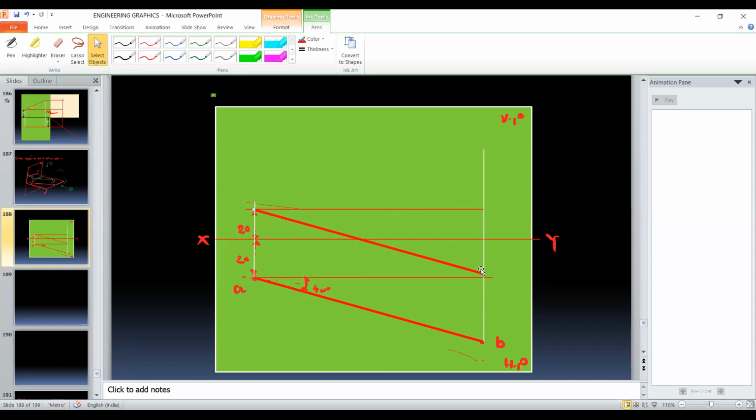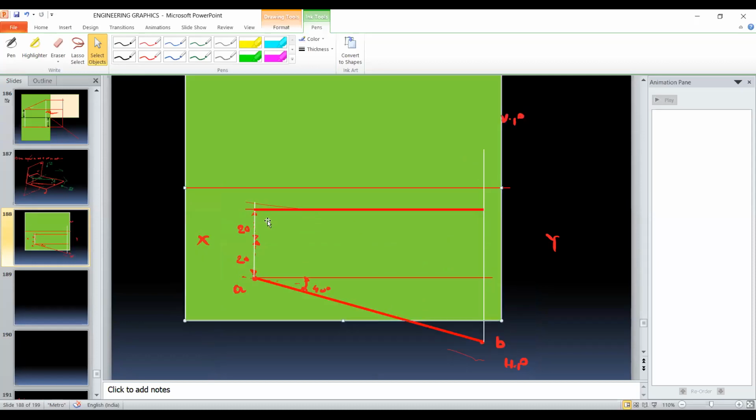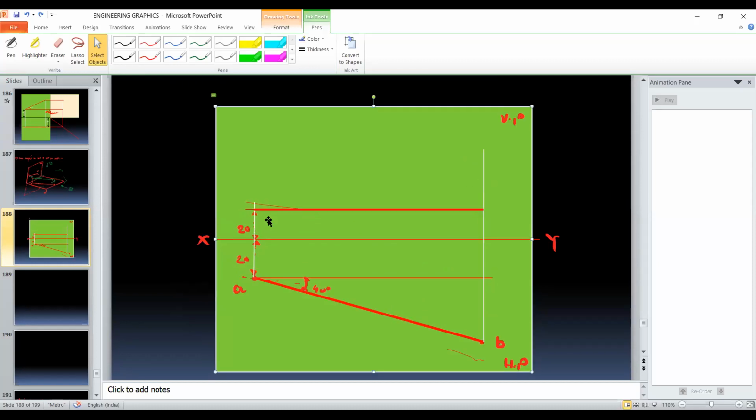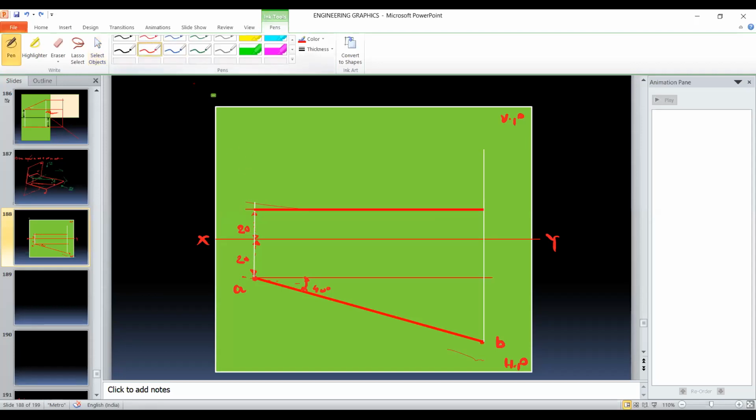Use a continuous thick line. So this is your front view. This is A dash and this point is B dash.